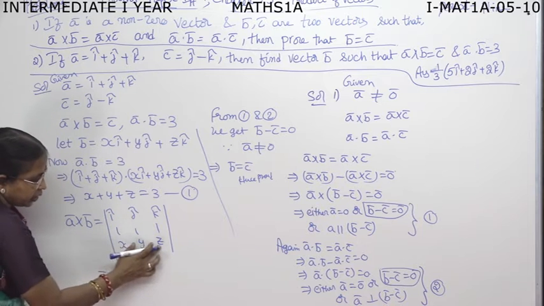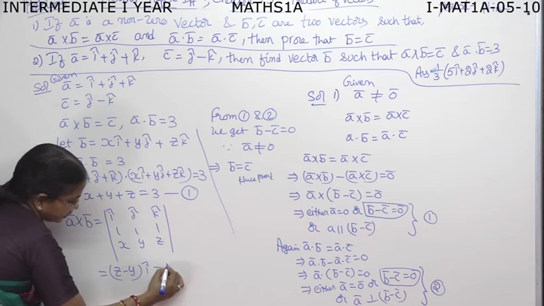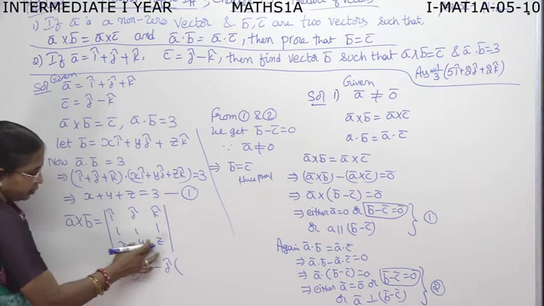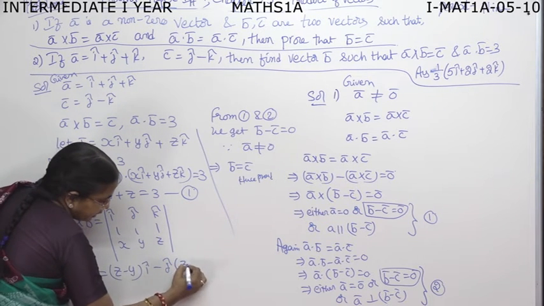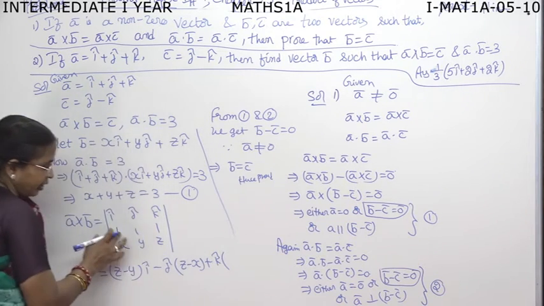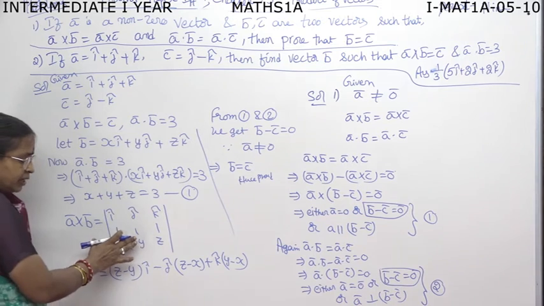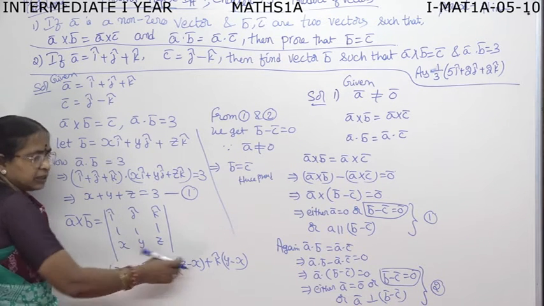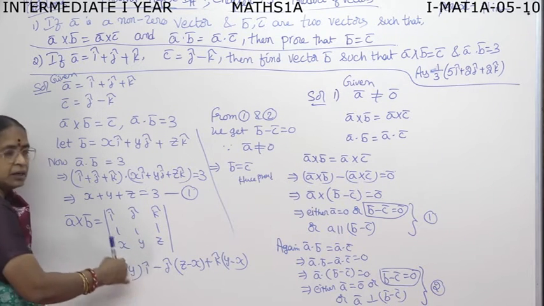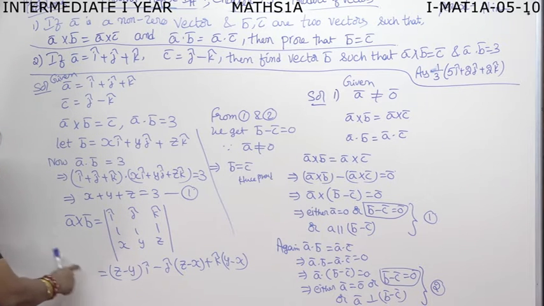You'll get i into (z minus y) minus j into (z minus x) plus k into (y minus x). If you have learned the method, you can directly write the determinant. You need not write the 2 by 2 determinants separately and then find the value. So you got it like this.